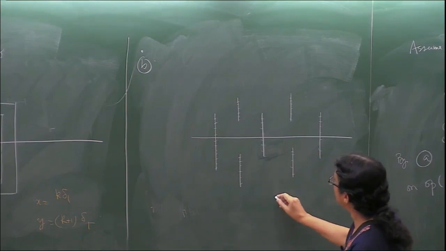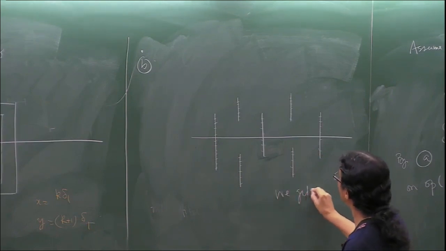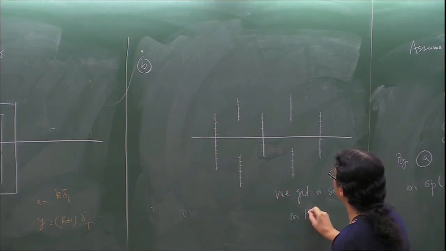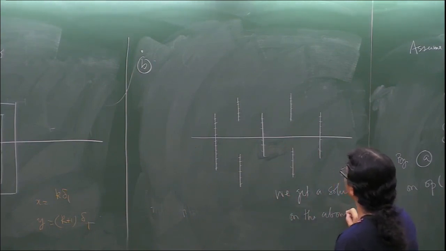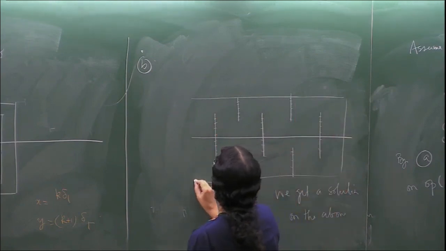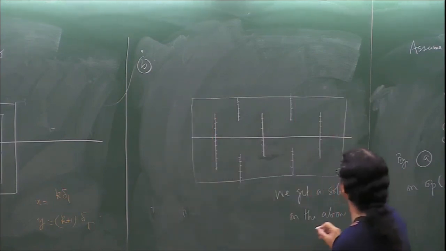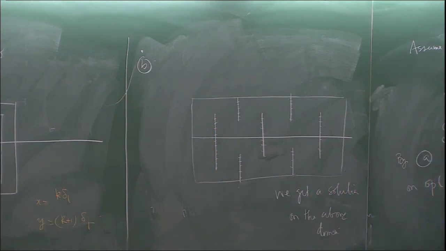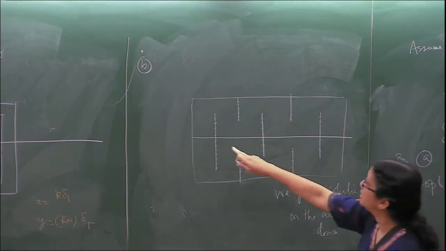So we get a solution on the above domain. Let us close it by something. So suppose on this domain above, but not on the whole. There are many points you have to delete.